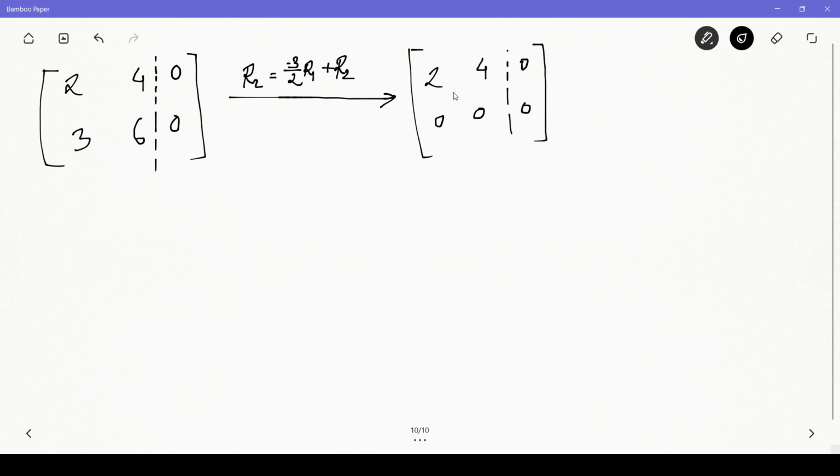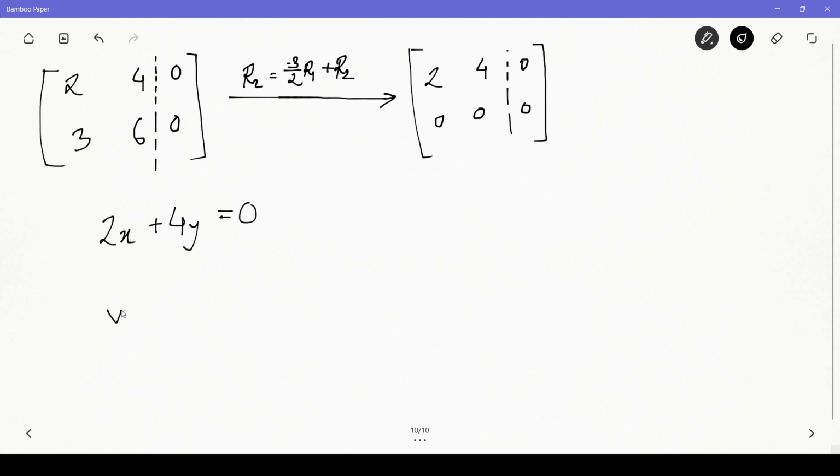Fine. And from this augmented matrix, we have the equation 2x plus 4y is equal to 0. And again we are seeing that we have an infinite number of solutions for this equation, right? So what we can do is come up with a particular valid pair of xy values that satisfies this equation, and then we can say that pair of xy values is a valid set of entries for my eigenvector v2.